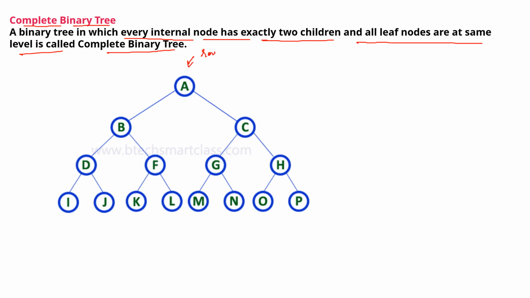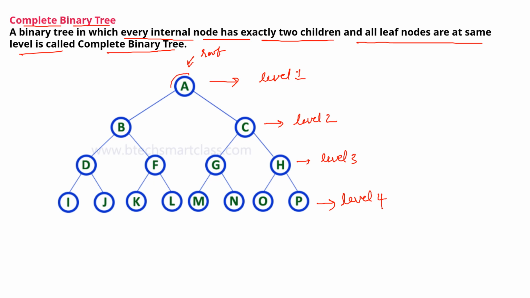This is root of the tree, right? And we always say that root is at level 1, right? And the children of root at level 2 and their children at level 3 and their children at level 4. So tree contains 4 levels here, right?